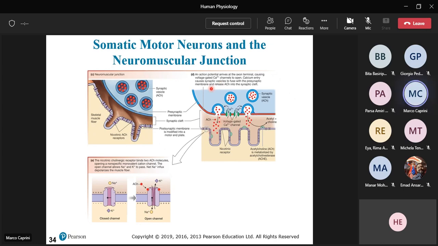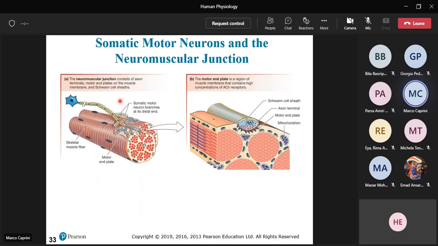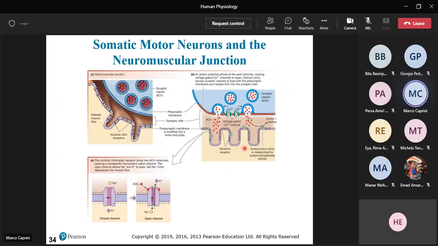You can appreciate in this figure that the signal is electrical here in the motor neuron, chemical here with the acetylcholine in the synaptic cleft, and then inside of the skeletal muscle fiber is again electrical, because the muscle needs to be contracted.